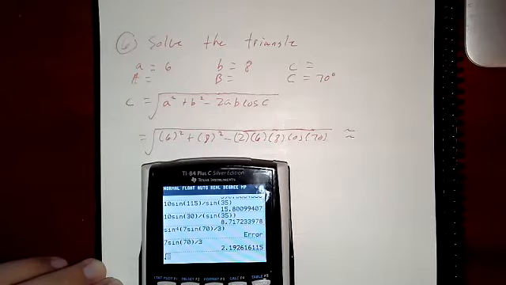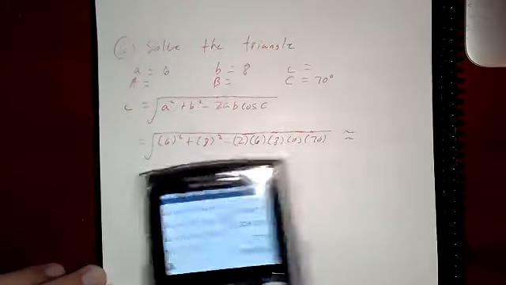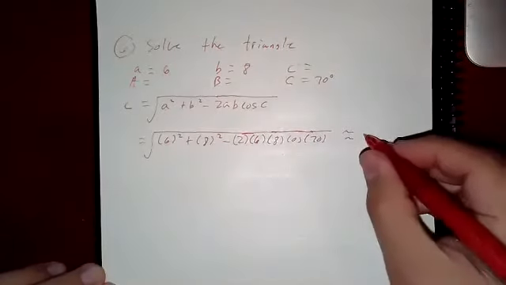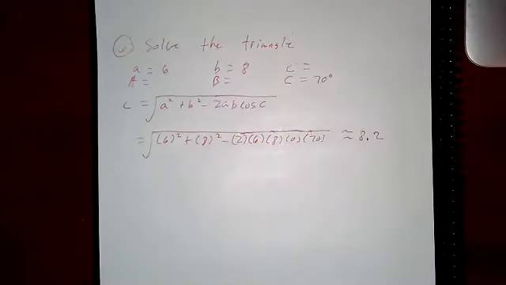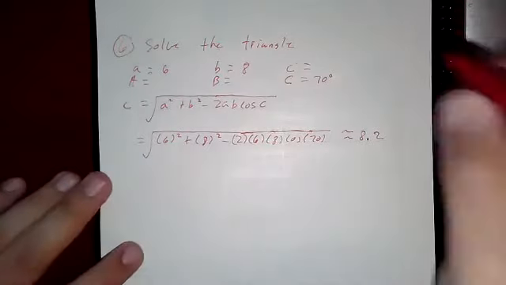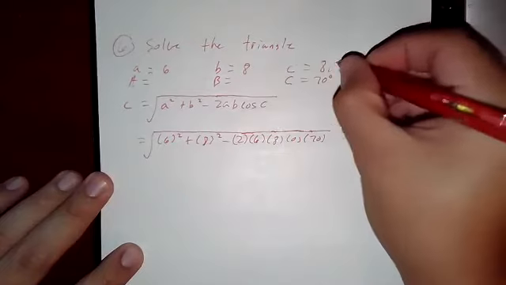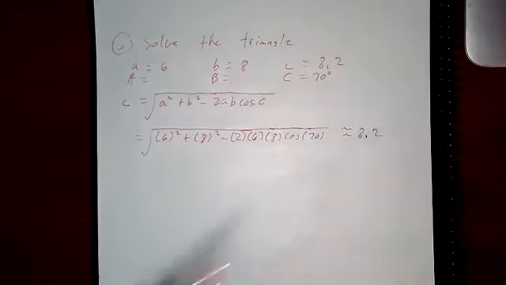It's supposed to be 8.2. I got 8.195. Yeah, that's right. We'll round to 1 decimal place. Oh, I forgot the square root.